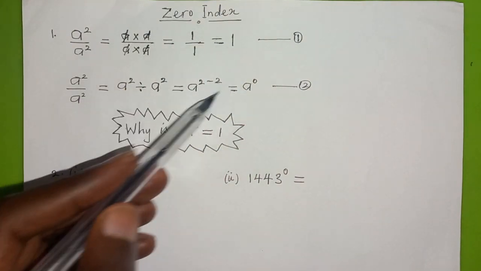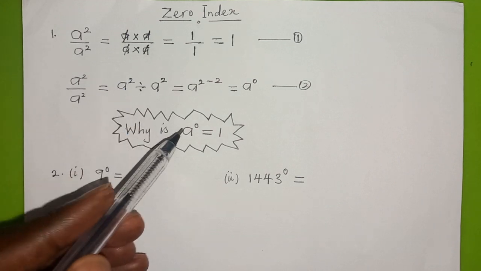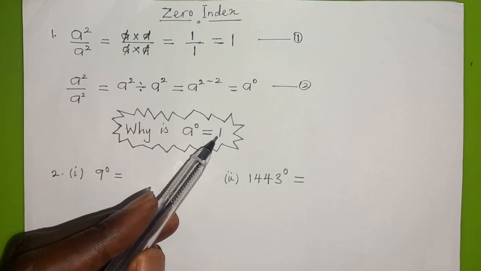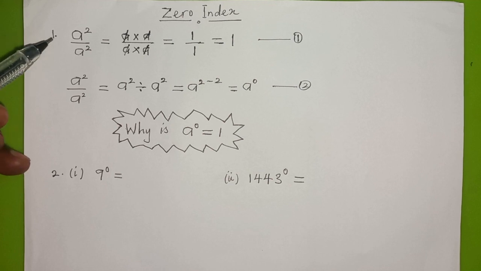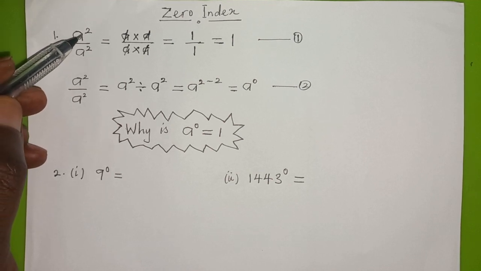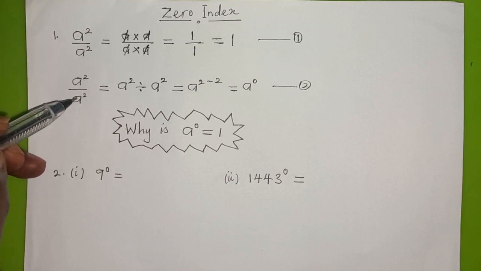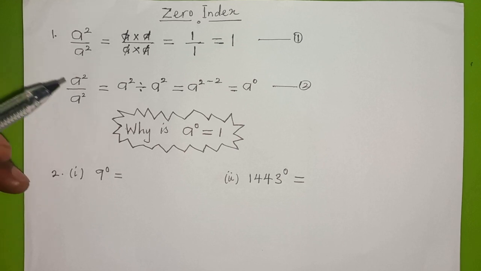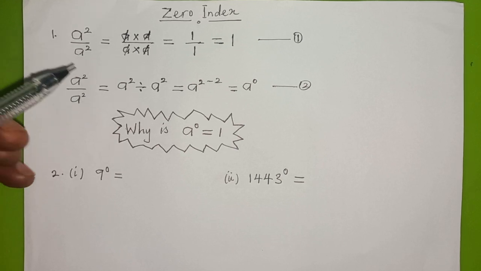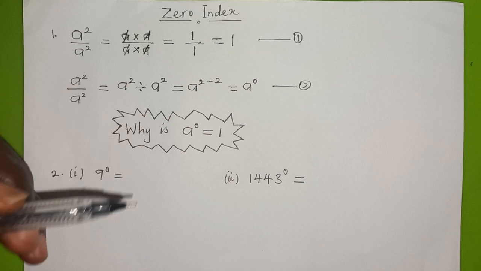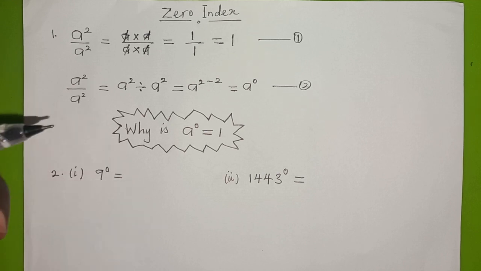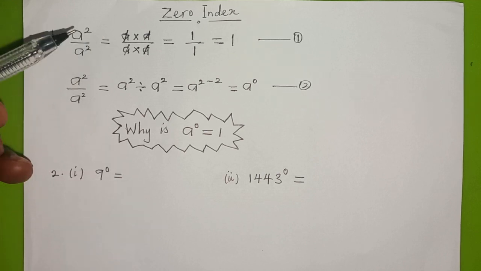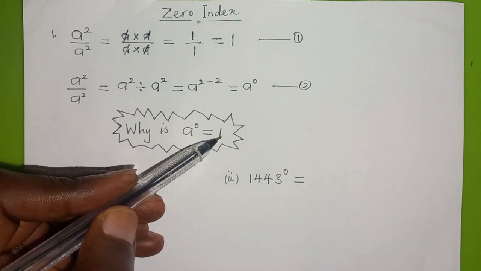So this is the proof that a raised to the power 0 is equal to 1. Now take note, I used 2 over here throughout. You can use 3, you can use 4, you can use 5, depending on whatever value you want to use. You can use that value to prove, and that will still lead you to 1.